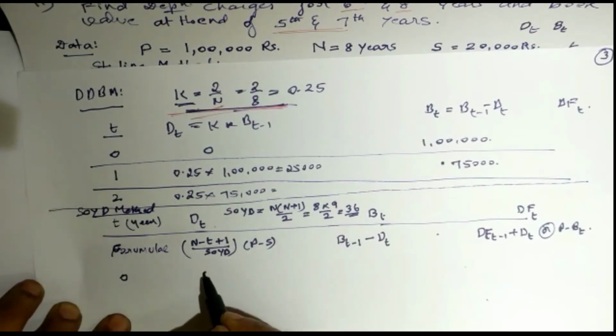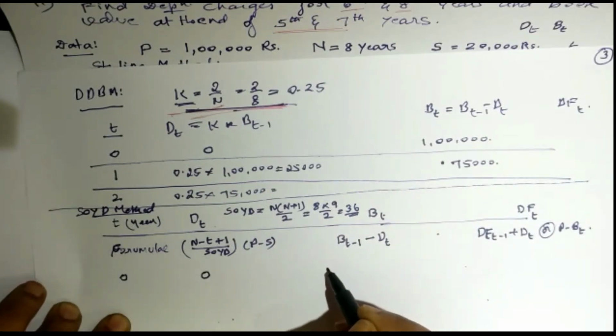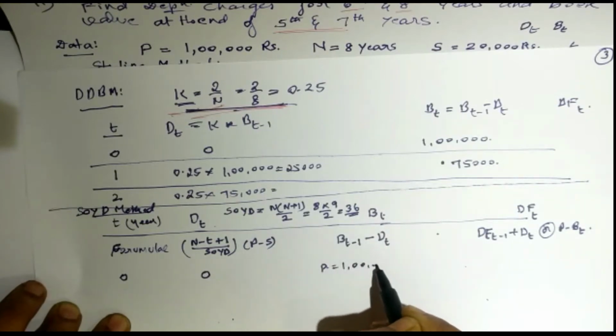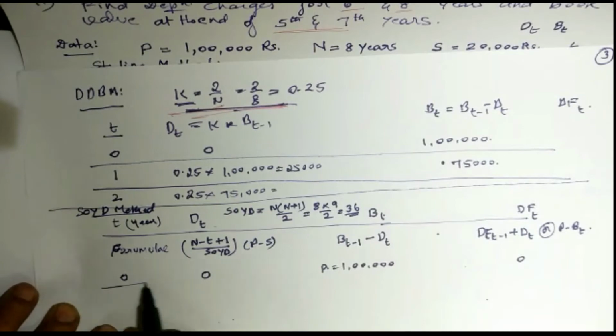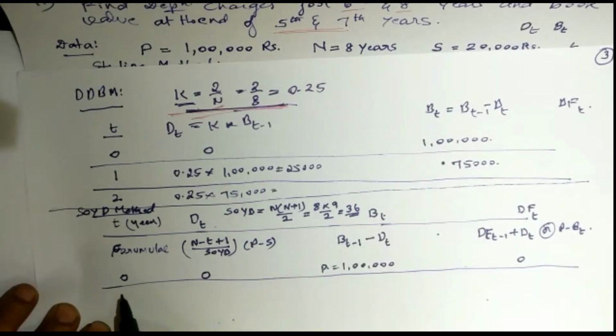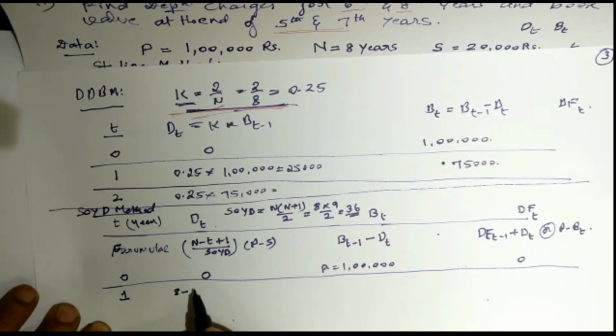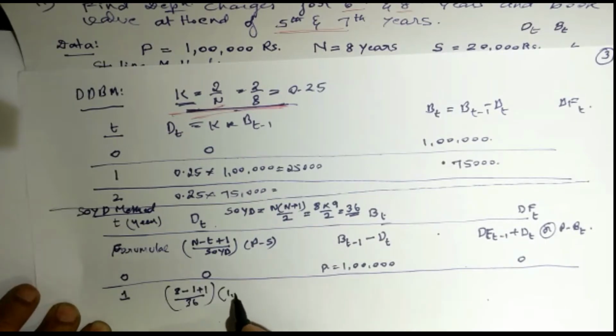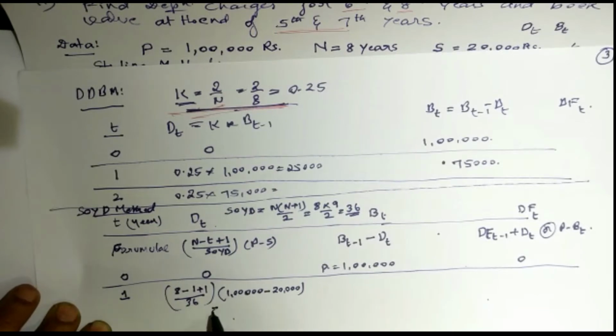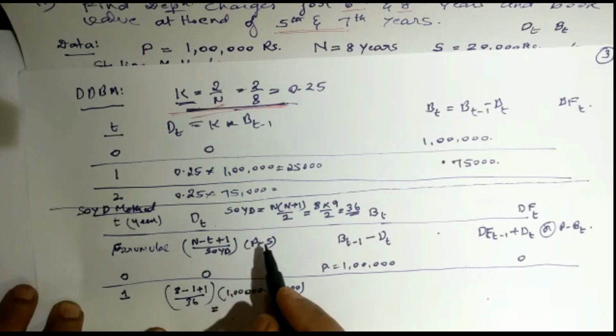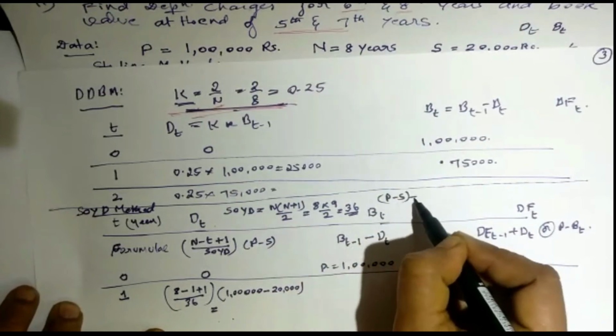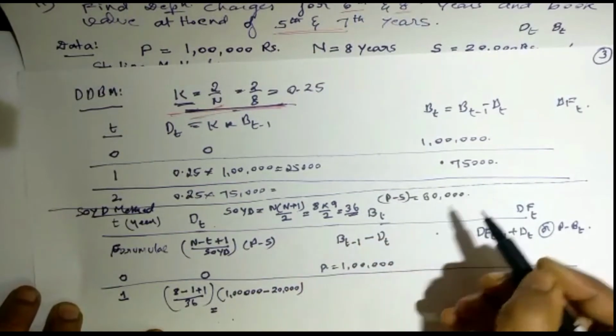So let us start with t equal to 0. I told you, no second thought. This is 0 and this is P, which is equal to 1 lakh. Depreciation fund is also 0. Next, let us start with the first year. So N is always 8, minus T which is 1, plus 1, divided by 36, into P minus S, that is 1 lakh minus 20,000, which is 80,000.